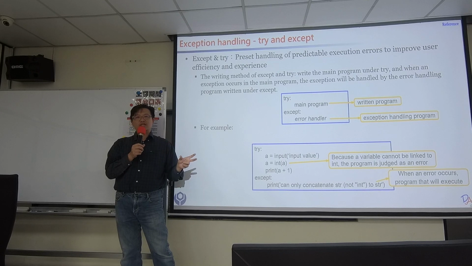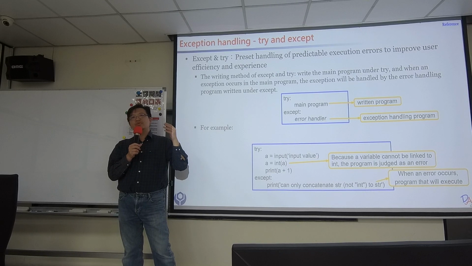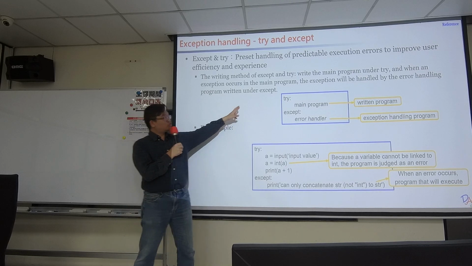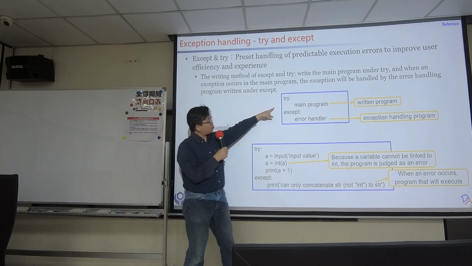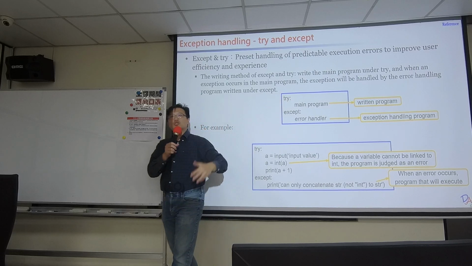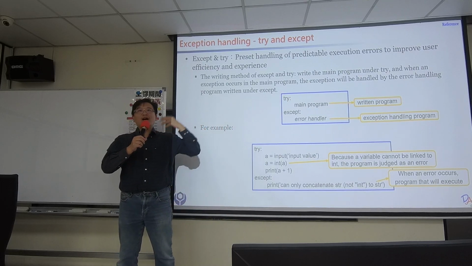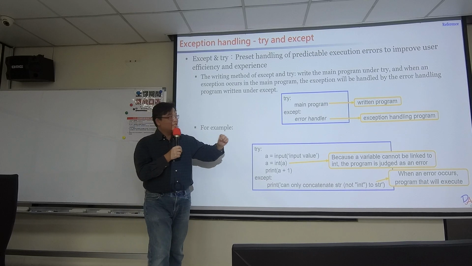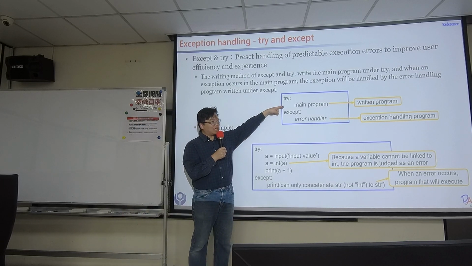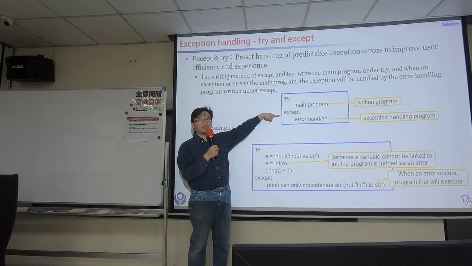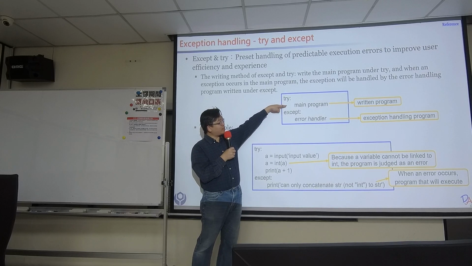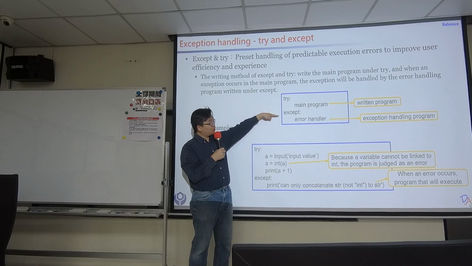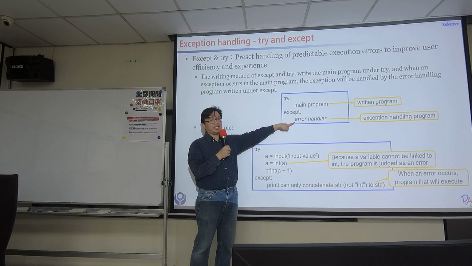When there's an error, your program stops. Python stops. So the function try allows you to try something. If there's an error, it will immediately jump to except. So whenever there's an error inside try, it will jump to except immediately.